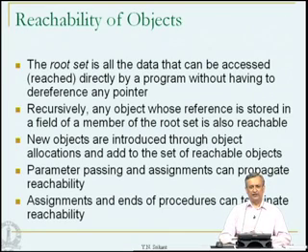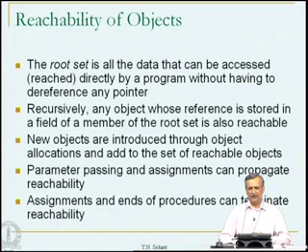How is garbage collection performed? The concept of reachability of objects is very important here. See, there is something called a root set. The root set is all the data that can be accessed or reached directly by a program without having to dereference any pointer.